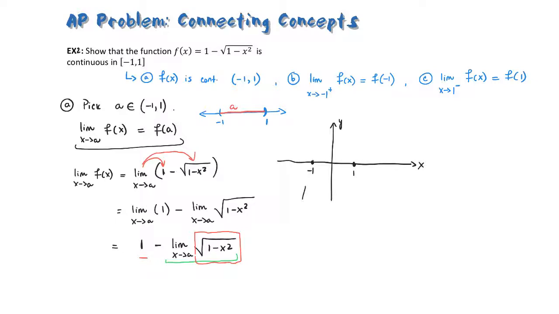And it opens downward. The vertex is at (0, 1). So it goes like this. I only care, however, about what happens between -1 and 1 right here. This is my only point of interest. What happens between -1 and 1?